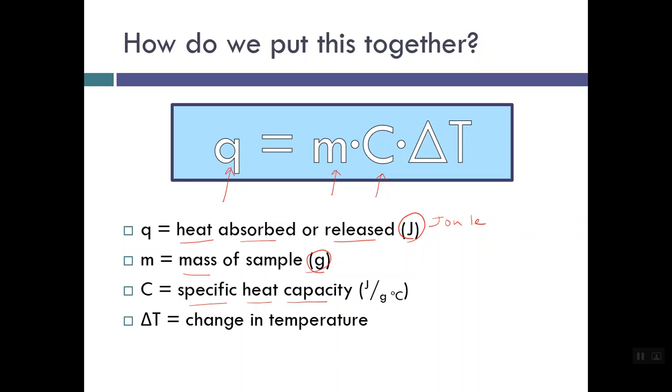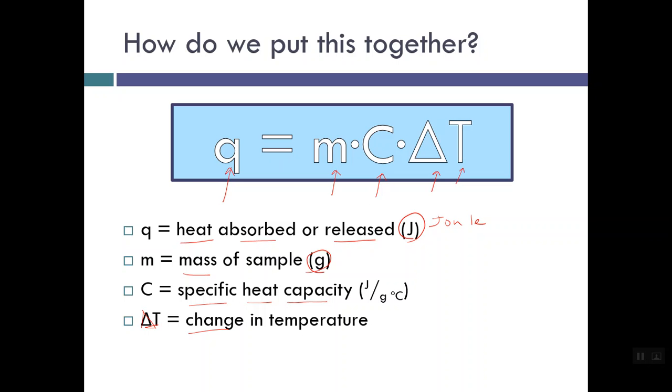That depends on the substance that it is, and you would look on a table to find the specific heat capacity of your substance. Delta means the change, and T is for temperature. So this delta T would be the change in temperature.